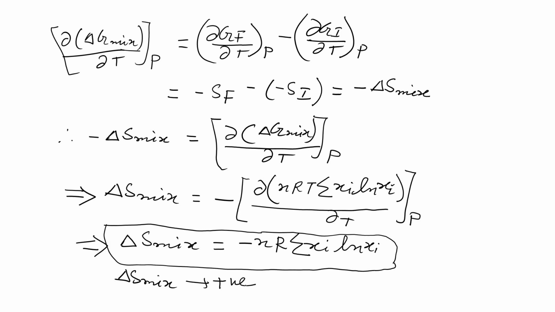In my last video we saw that delta G mixing is negative, and a negative change of Gibbs free energy means the process is spontaneous. So this also proves that mixing of ideal gases is a spontaneous process.